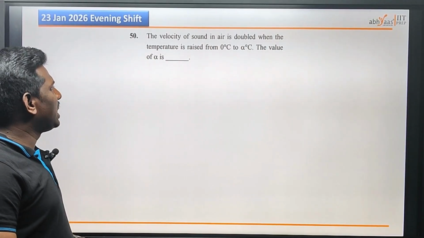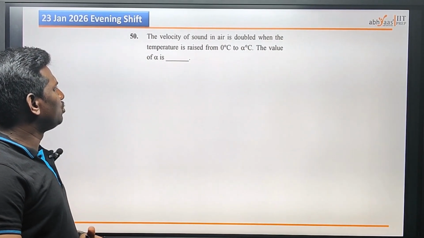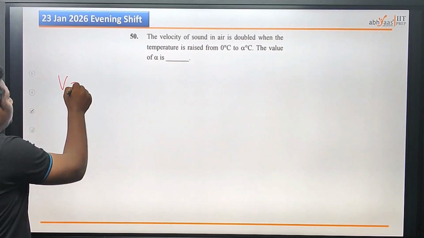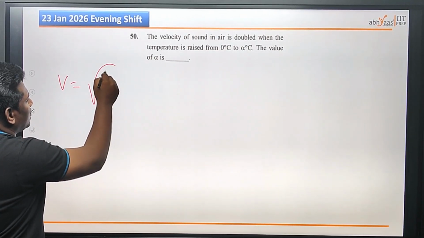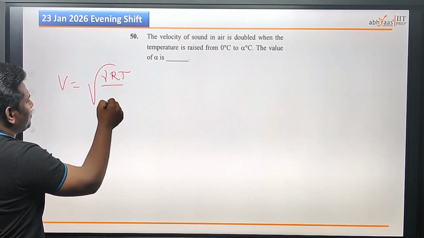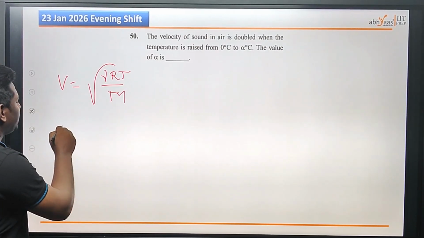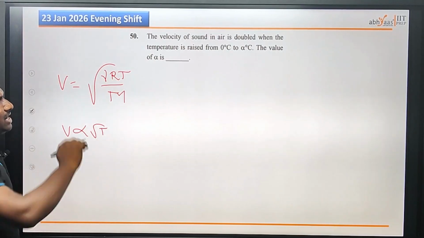Velocity of sound in air is doubled when the temperature is raised from 0 to alpha degrees. Then find the value of alpha. Velocity of sound in air can be written as under root gamma RT by capital M. So V is directly proportional to root T. What is the condition here?